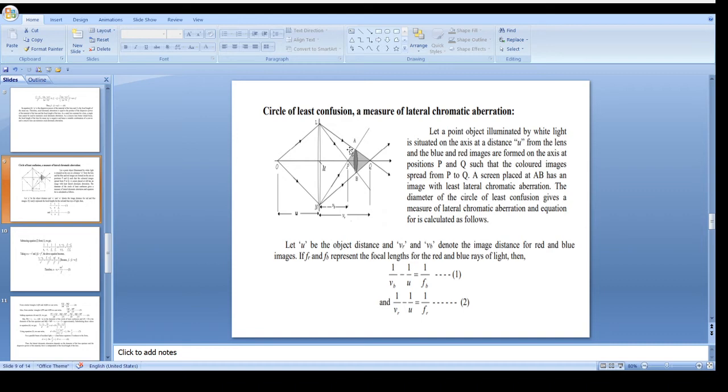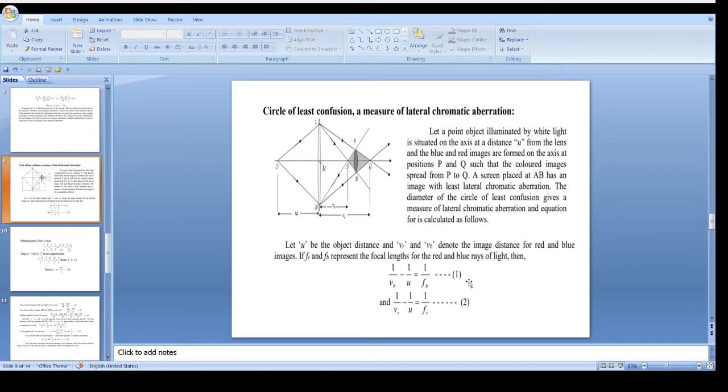is calculated as follows. Let U be the object distance and VR and VB denote the image distance for the red and blue image. If FR and FB represent the focal length for the red and blue rays of light, then 1 divided by VB minus 1 divided by U equals 1 divided by FB.